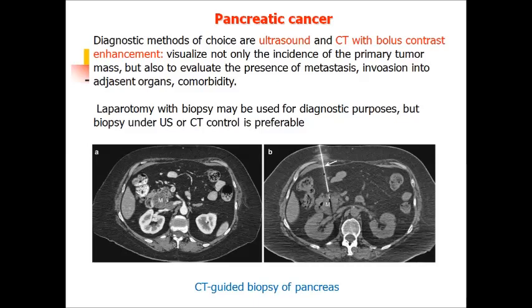Laparotomy with biopsy may be used for diagnostic purposes, and it was the usual approach in previous years, but now after appearance of CT, biopsy under CT or ultrasound control is preferable.